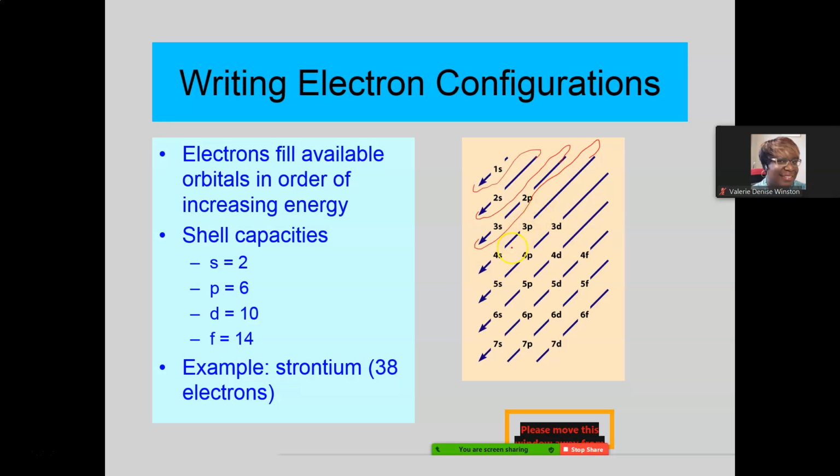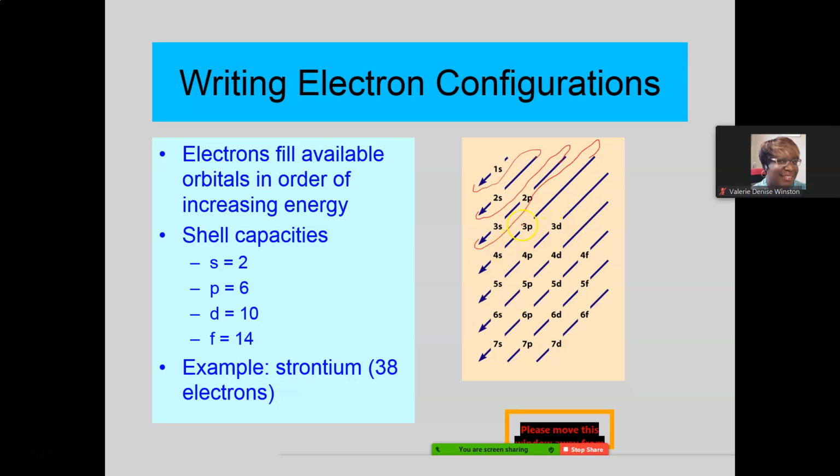Now notice you do your 4s before you do 3d. The reason is 4s electrons are less energetic than 3d. Remember, even though the principal energy level is 4, these are further away, so their energies are greater.